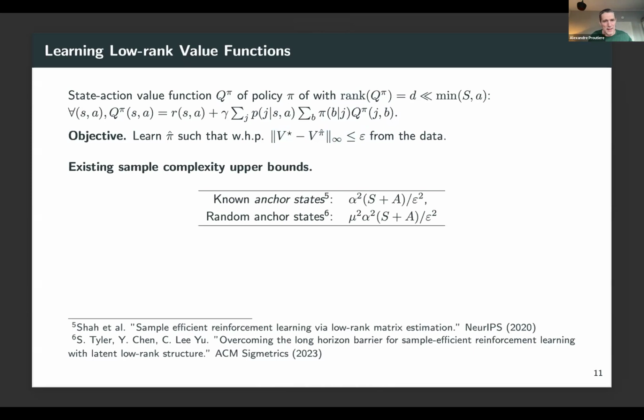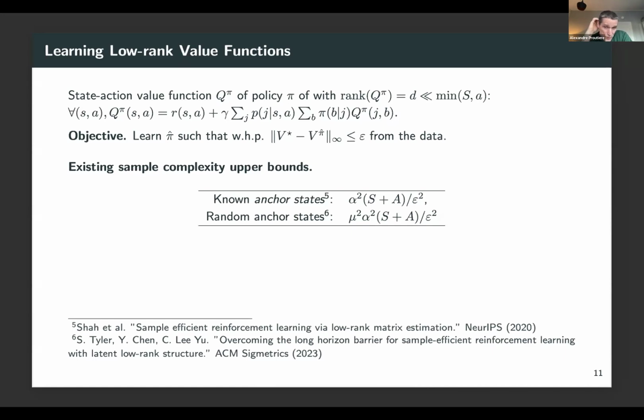There is some existing work on this kind of problem by Devavrat and co-authors, as I mentioned earlier in this talk, and by Tyler et al. a bit later. The first paper by Shah et al. assumes that the agent or the learner has access to what we call anchor states, which are states that have a very specific role in the matrix Q pi.